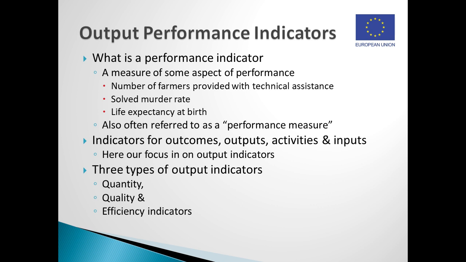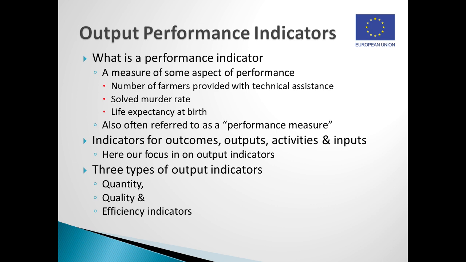For example, a measure of the number of farmers provided with technical assistance by Ministry of Agriculture officers during the year, or the rate of murders that are solved by the police during the year. Or at a higher level, an indicator such as life expectancy at birth of the population. Because indicators are measures, they're also often referred to as performance measures, a term that means exactly the same thing.